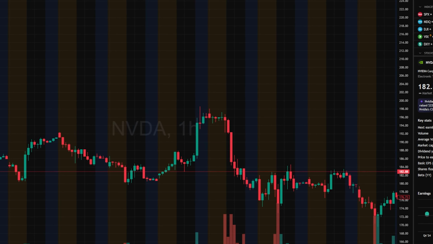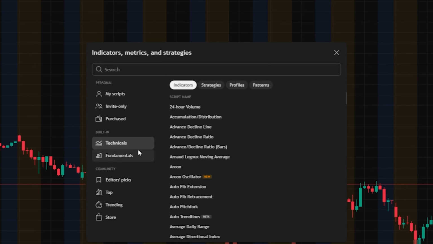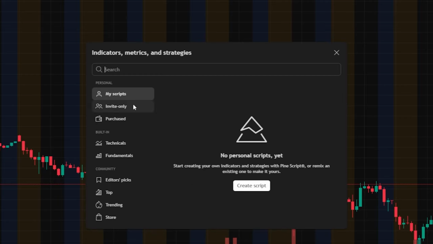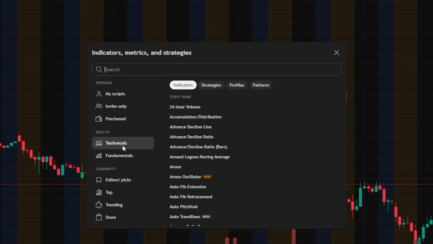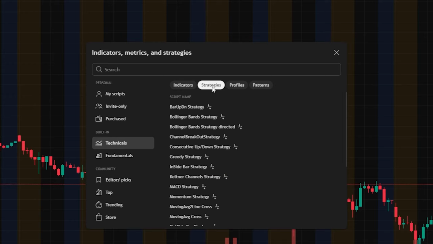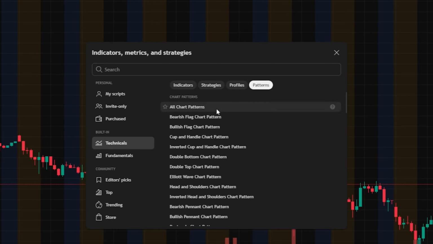So then you can go on to indicators, where you can find a whole lot of different indicators that we will get into, like the technical ones made by TradingView itself. If you've made any scripts, you would see them here. Or any fundamentals you could also put up there. There are whole strategies that could be made, different types of patterns, which I think you might need to pay for.